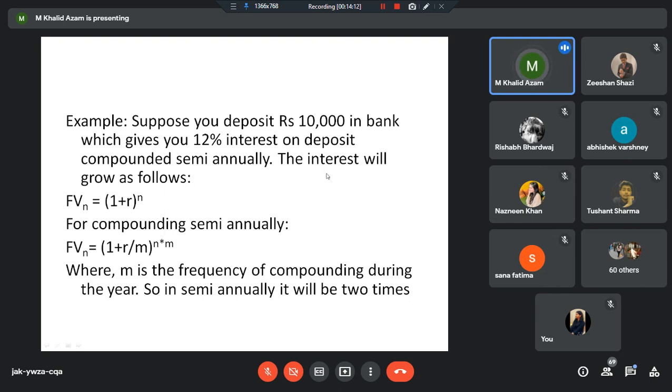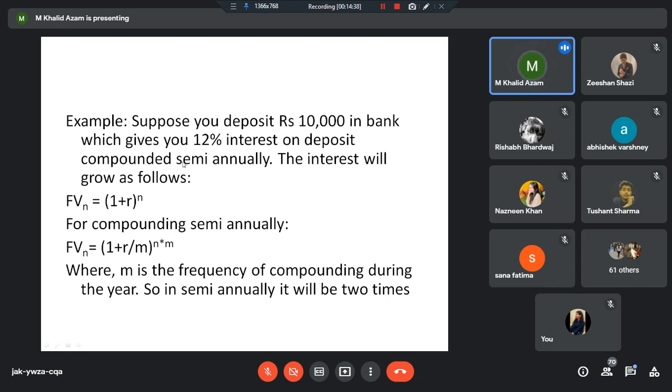So what will happen? In this case, the future value of the period is 1 plus r to the power n, which is the basic formula we use for annual calculation of the value and the resultant interest. For compounding, the rate will be divided by how much?